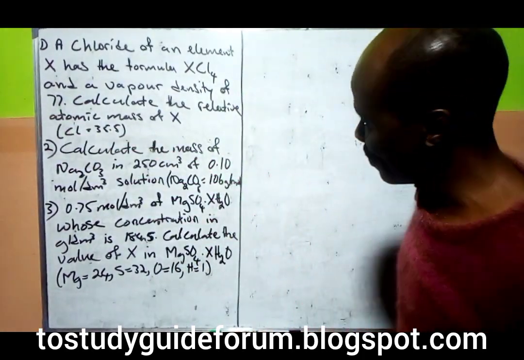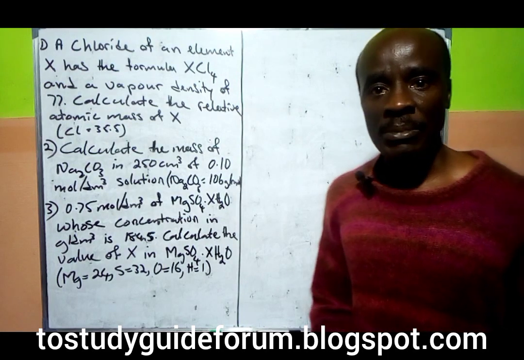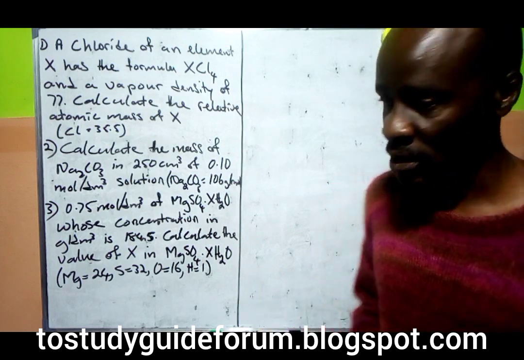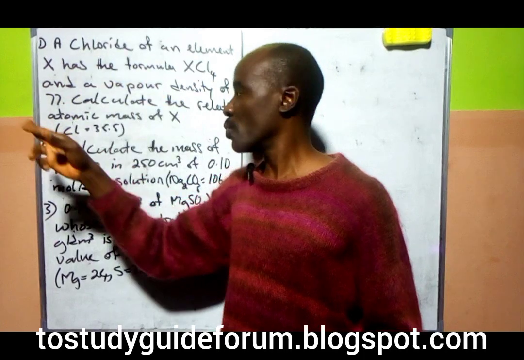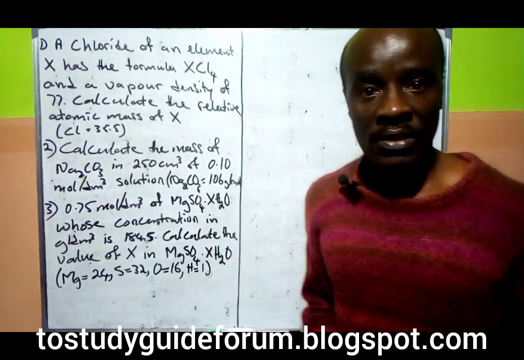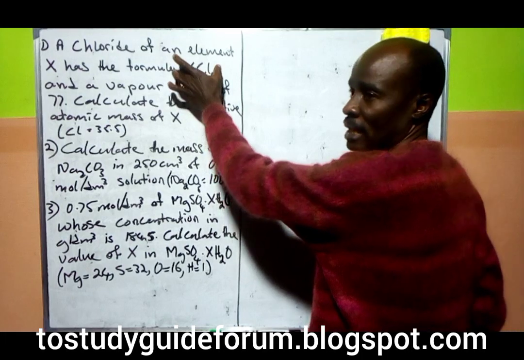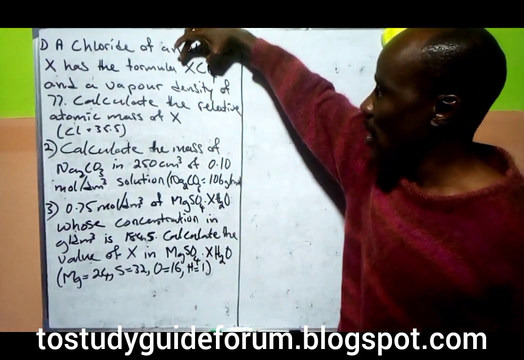Looking at this very well, you find out that relative molecular mass is always 2 times vapor density. That is to say, what we had here multiplied by 2 will give us the relative molecular mass of this compound, the relative molecular mass of this chloride.